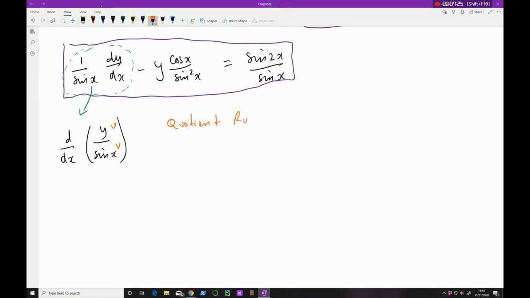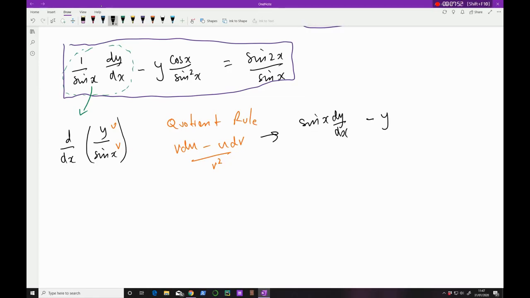So quotient rule, the differential is going to be v du minus u dv over v squared. And this leads me to, if v is sine x and u is y, then v du is going to be sine x dy by dx minus u, which is y, minus y.